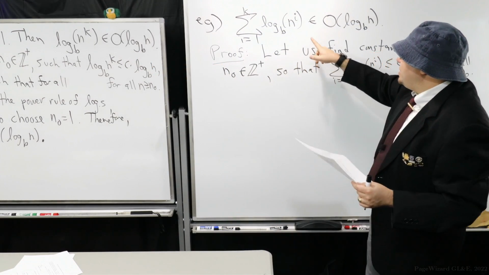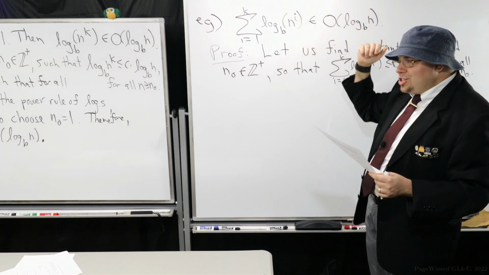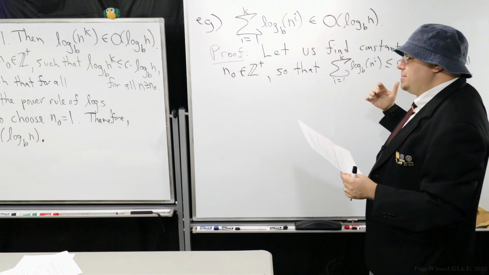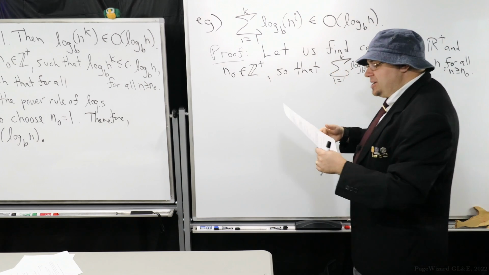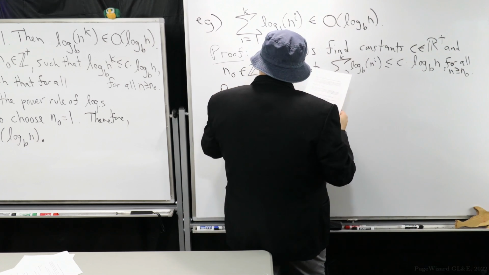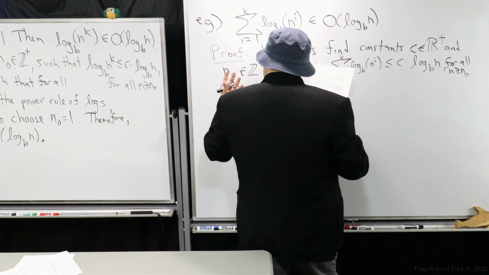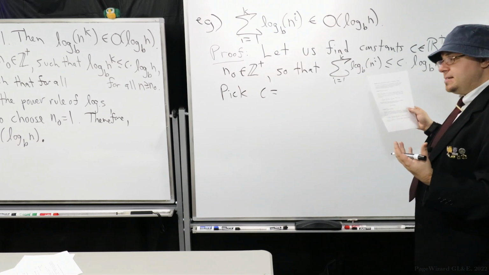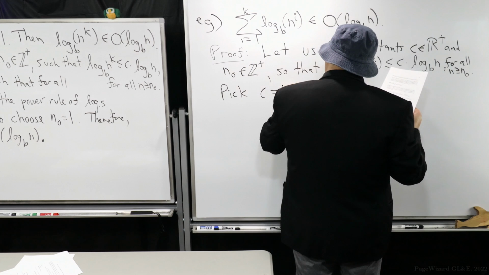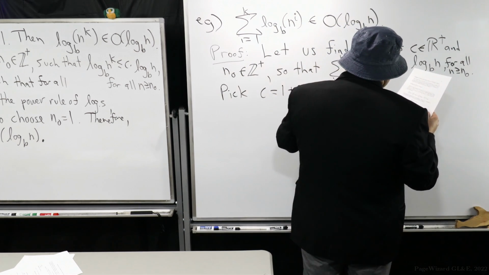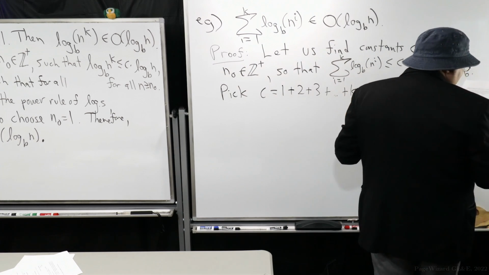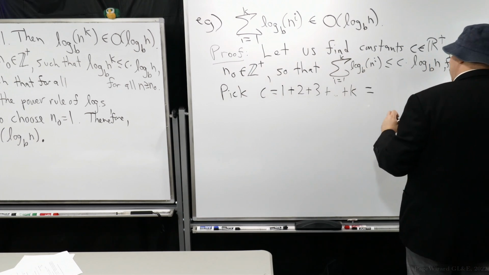So notice that each one of these exponents is a 1, then a 2, then a 3, then a 4, then a 5, then it goes all the way up to k. So here's my suggestion: we pick, because I want to play lookalike the same way I did in previous lessons, c equal to 1 plus 2 plus 3 plus all the way up to k. Now if you look at this carefully, I've actually just written out an arithmetic sum.